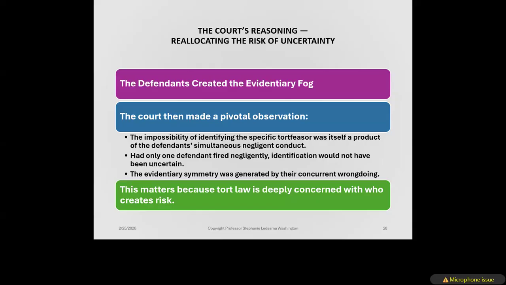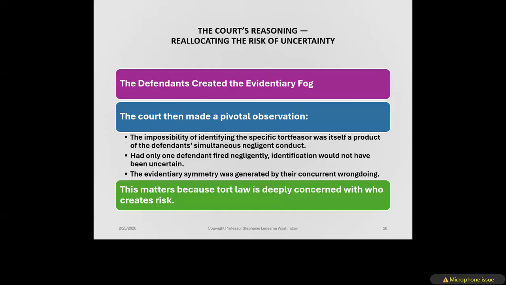So in other words, the reason that we can't determine which of the two is the causal link is because the two bad actors acted simultaneously, right? We have evidentiary symmetry, but that evidentiary symmetry was generated by concurrent wrongdoing on both parts of both of the negligent defendants.